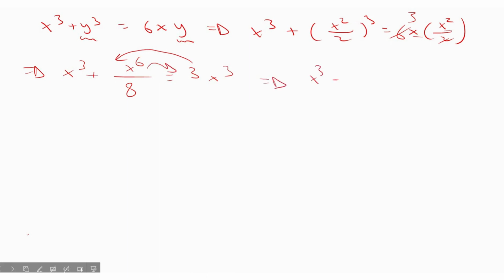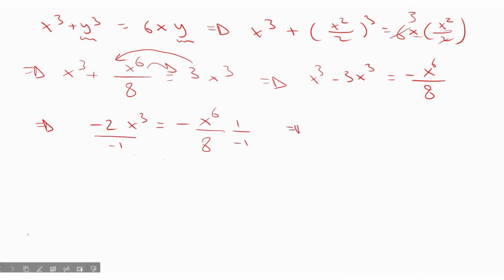X cubed minus 3x cubed equals negative x power 6 over 8. So this will become negative 2x cubed equals negative x power 6 over 8. Now if we divide both sides by negative 1, we'll get 2x cubed equals x power 6 over 8.